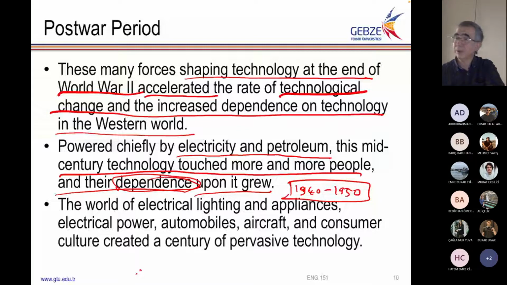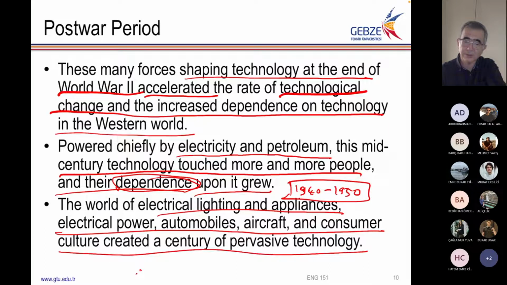Before that, rich people were living in closer districts in the city, but after the 1950s, richer people started to move away from the center of the cities, where public transportation is not available, for bigger houses and bigger gardens. Electrical lighting and appliances, electrical power, automobiles, aircraft, and consumer culture created the century of pervasive technology, intrusive and invisible technology.